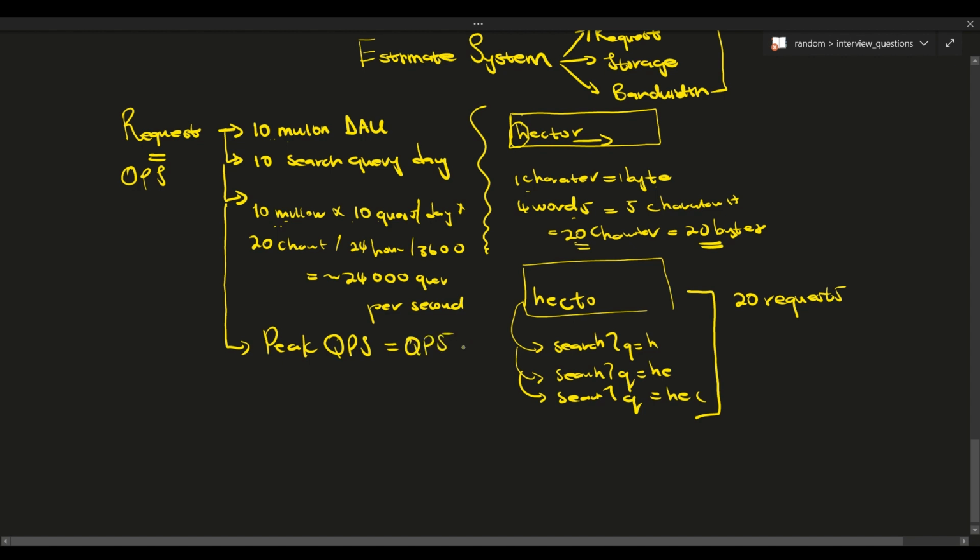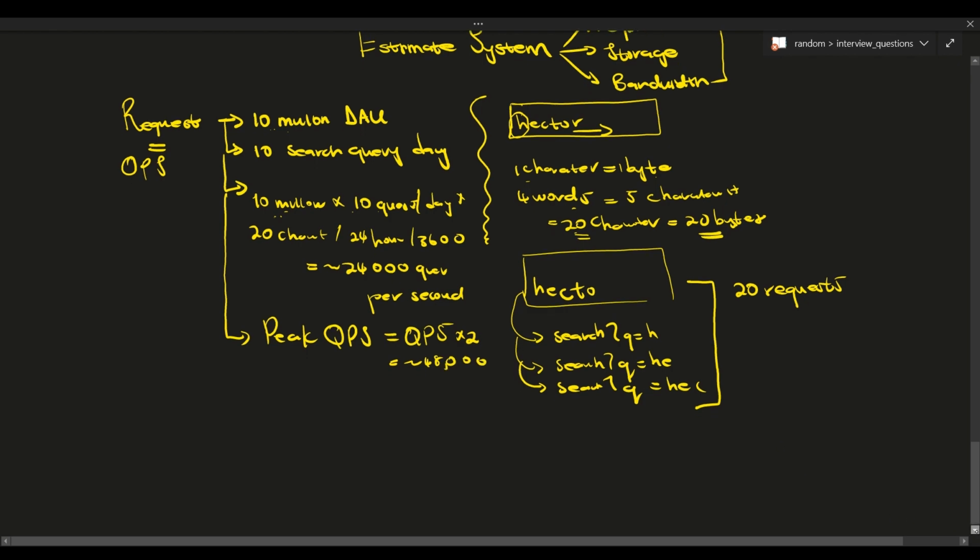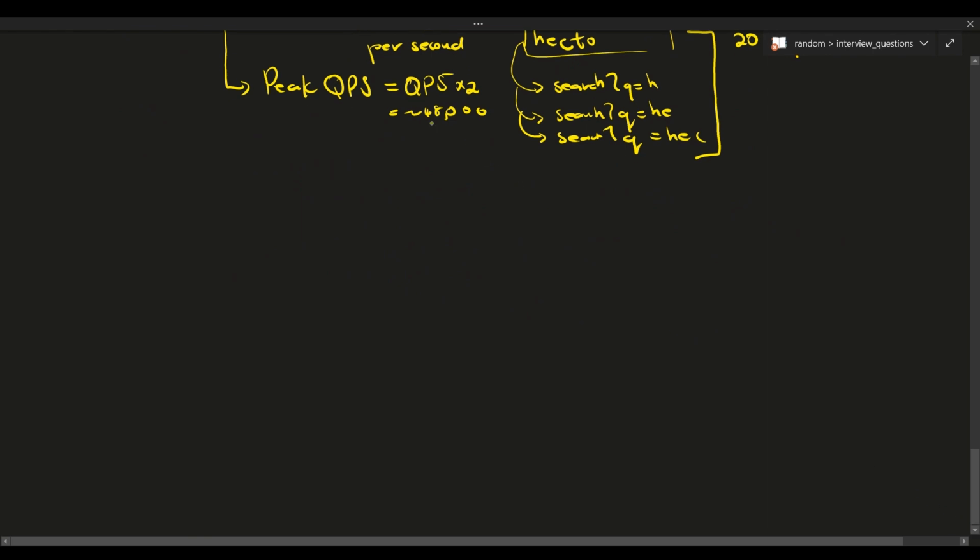So we're just going to multiply this by 2. This enables us to cater for peak periods, right? So we're going to have 48,000 queries per second. Does that make sense?